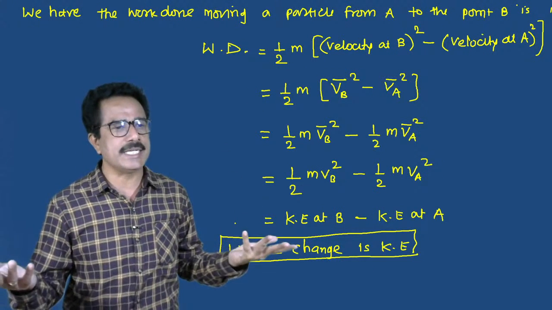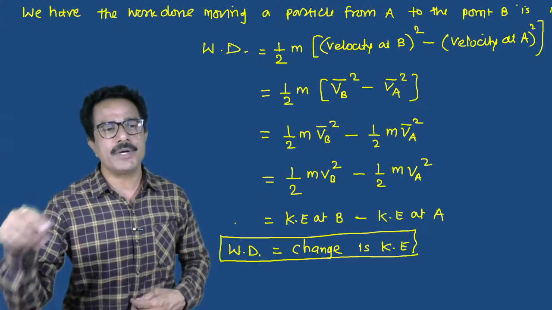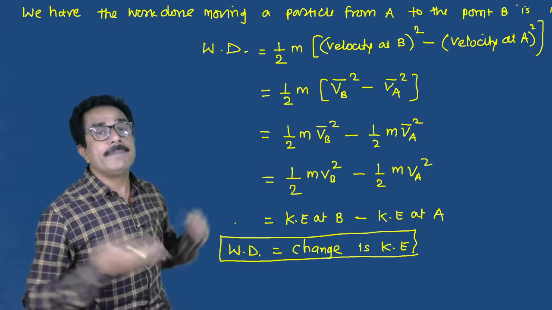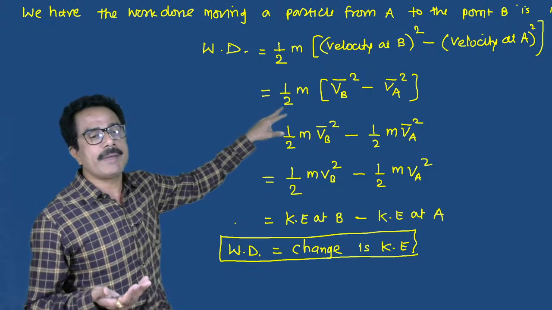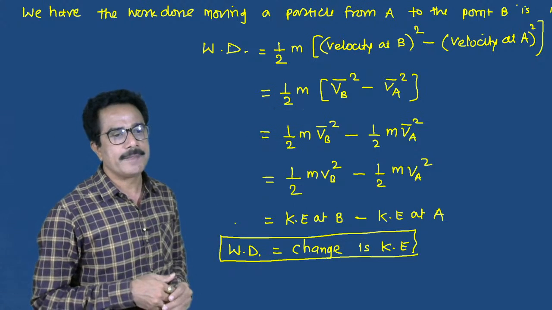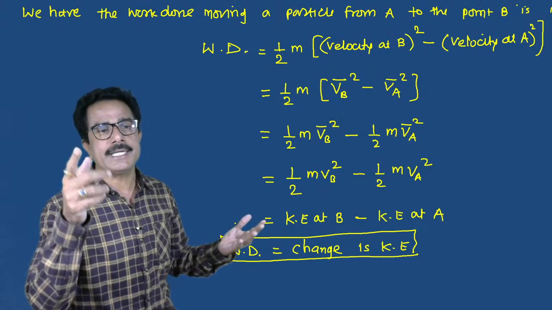We have proved this relation. Work done is equal to 1 by 2 m into (velocity at point B) square minus (velocity at point A) square. The velocity at point B is denoted by VB square, minus the velocity at point A denoted by VA square. But VA is not equal to 0 because it is not a starting velocity.